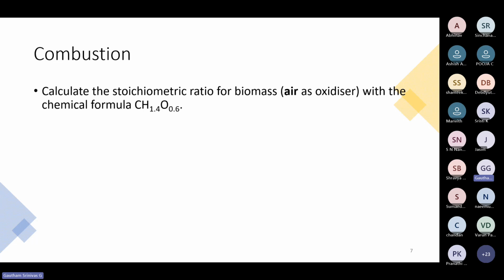Do you remember the chemical reaction from the previous lecture, or you can just write it down. Write down the chemical reaction and balance it.